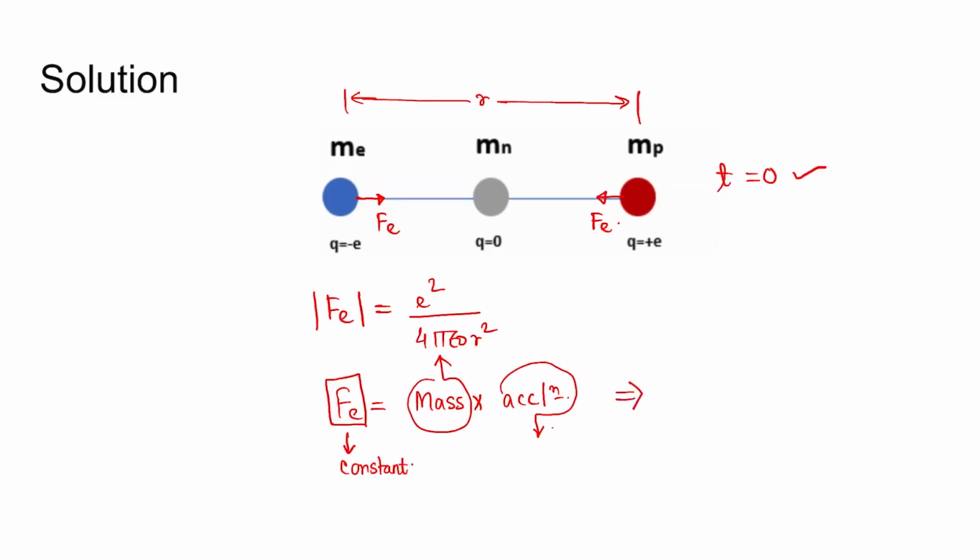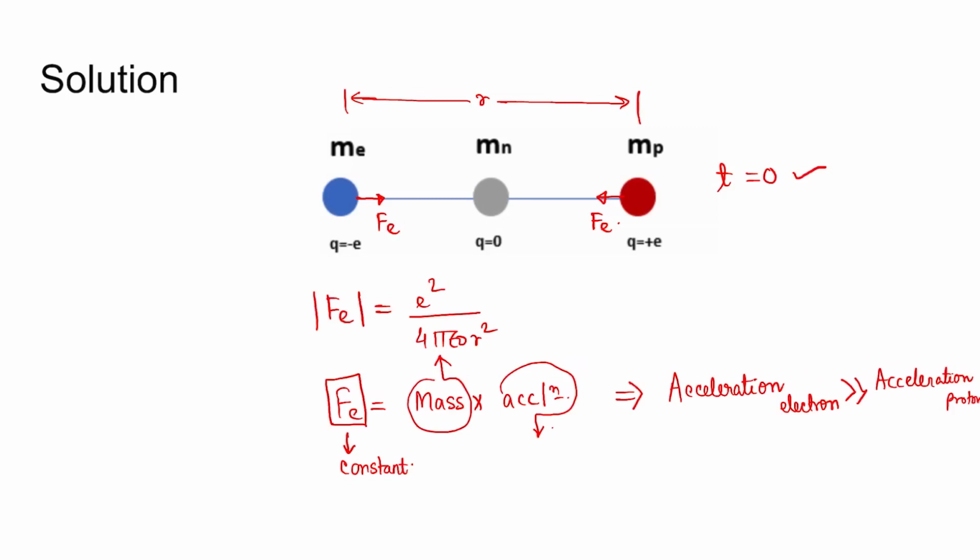This implies the acceleration of the electron is much more than the acceleration of the proton.